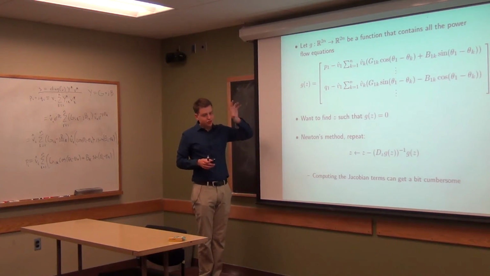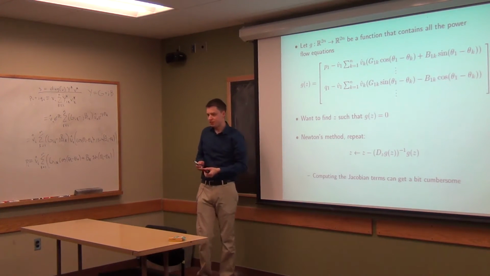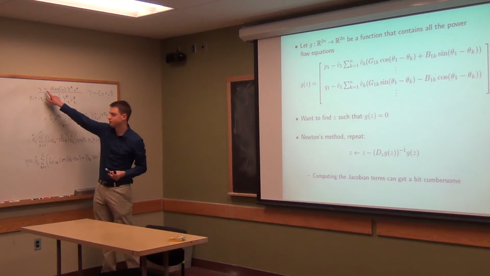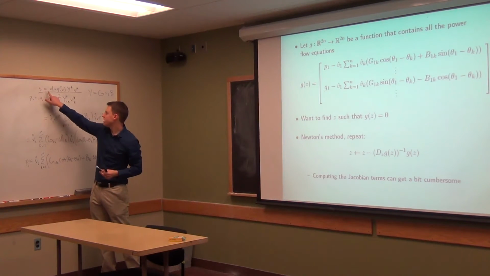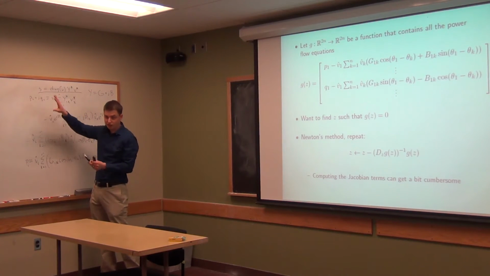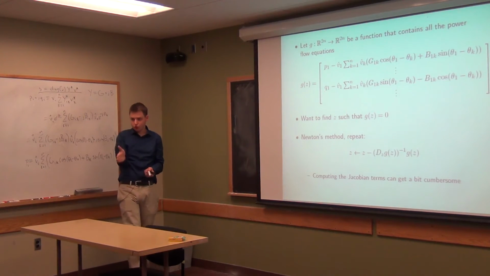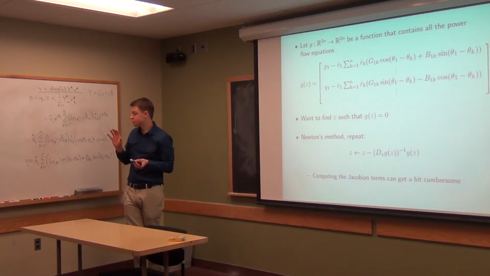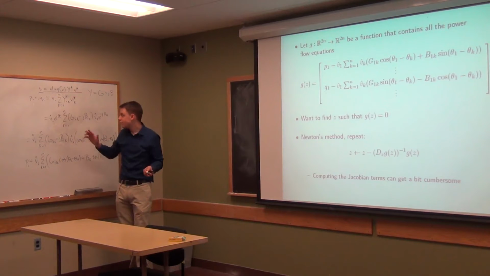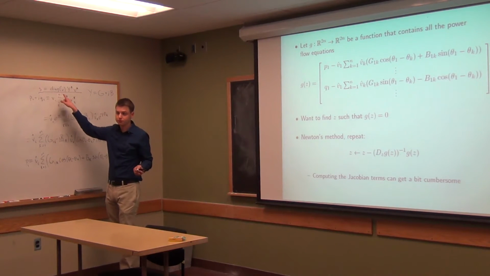Then we can let g be a function. There's essentially the error here. G is this thing minus that. So if that is equal to 0, remember, Newton's method finds zeros of a function. We're going to find some setting of our unknown variables such that some function is 0. And that function is just the difference here.